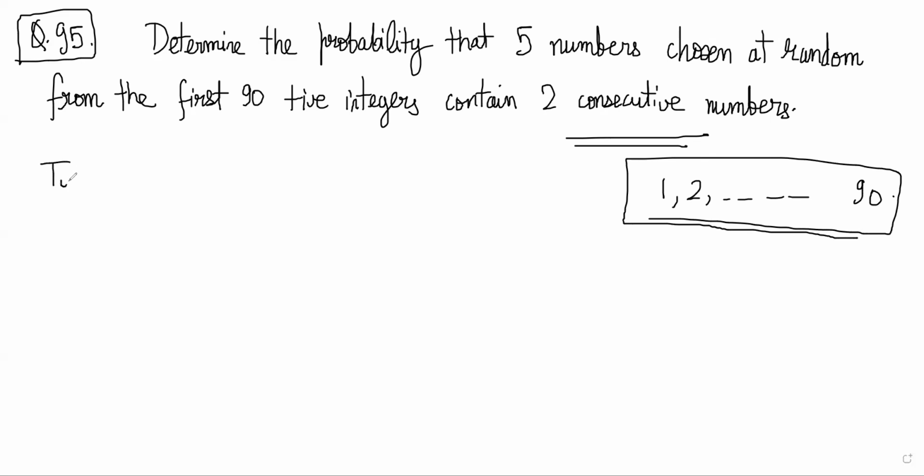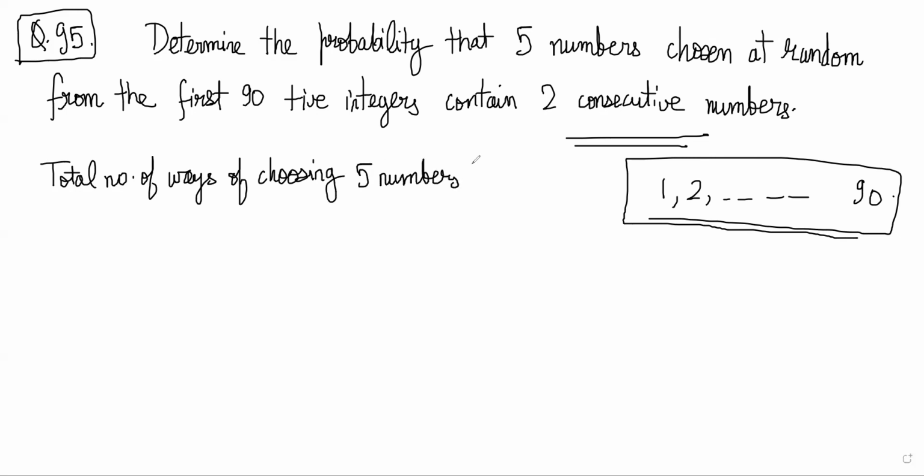So we start off by saying the total number of ways of choosing 5 numbers from 90 is obviously 90C5. This is the total number of ways of choosing the 5 numbers. This will come in the denominator.